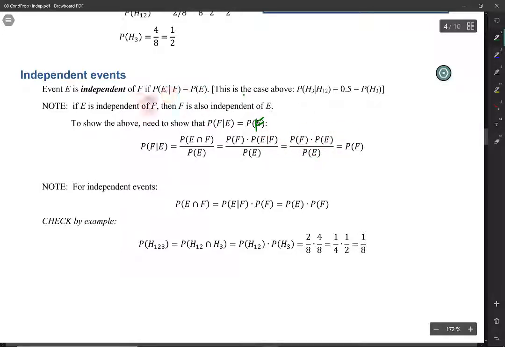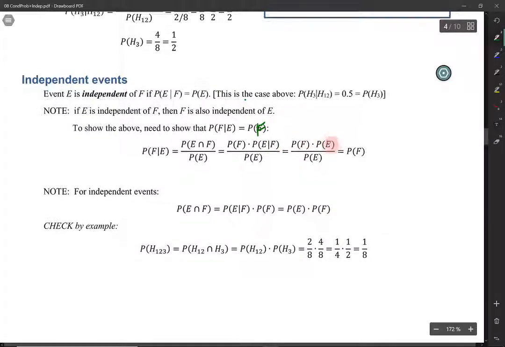So E is independent of F, and here's where you use that: the probability of E given F is equal to the probability of E. Okay, then you can cancel the probability of E, and so you get the probability of F.